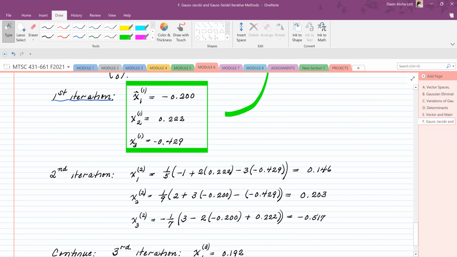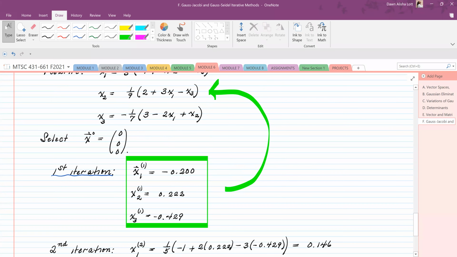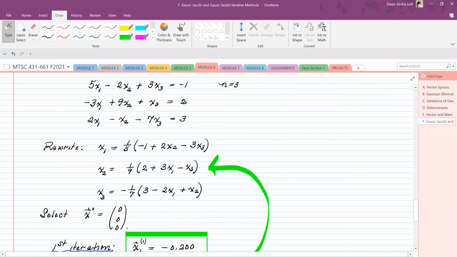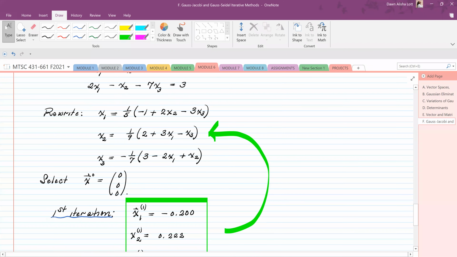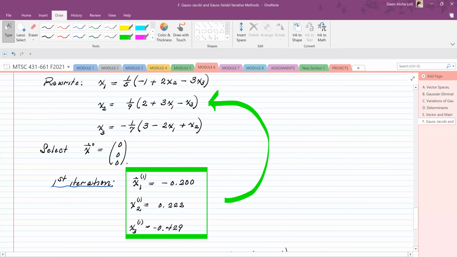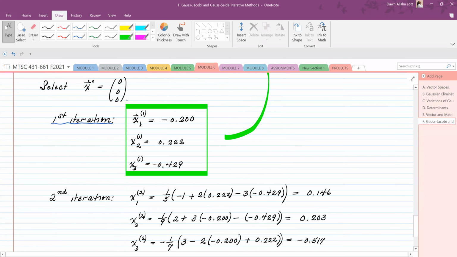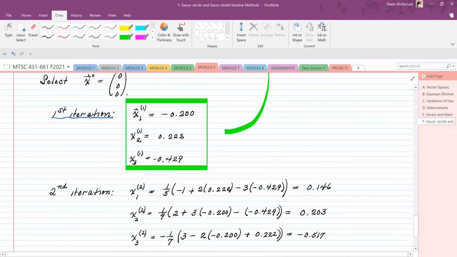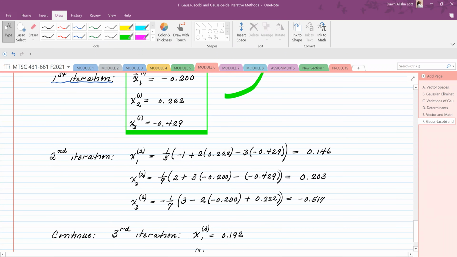We put 0 in for everything. So I just get negative 1/5, which is this one. I get 2/9 because everything else is 0. And I get negative 3/7, because everything else was 0. And then I showed you how I got the second one.